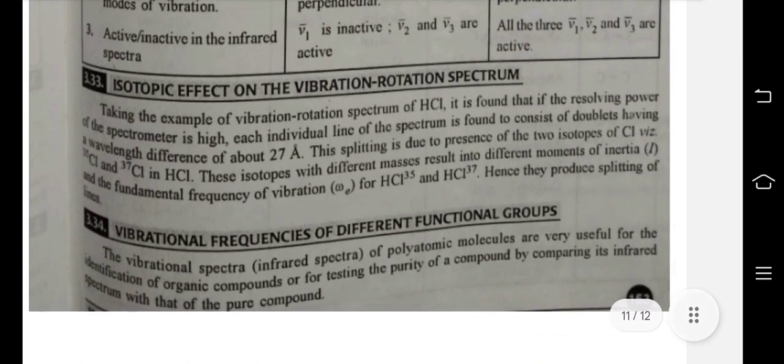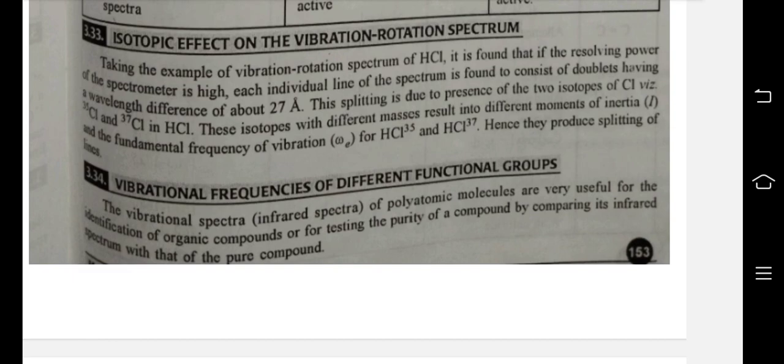Isotopic effect on the vibration rotational spectrum. Taking the example of the vibrational rotational spectrum of HCl, it is found that if the resolving power of the spectrometer is high, each individual line of the spectrum is found to consist of doublets having a wavelength difference of about 27 angstrom.